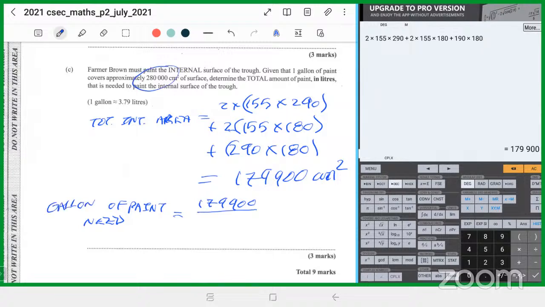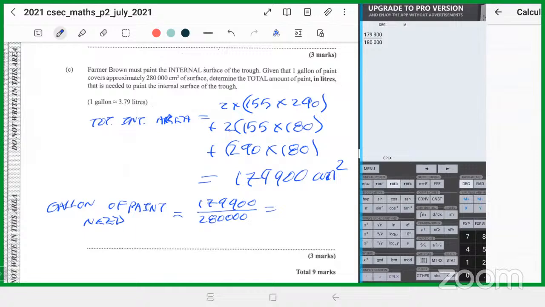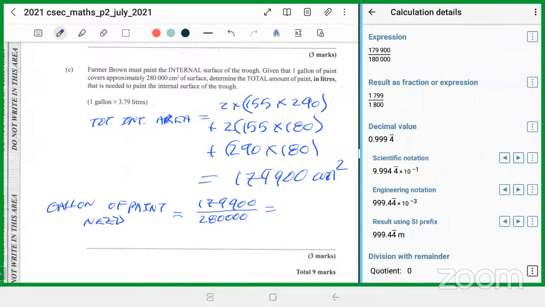Because this amount is for 1 gallon. So if you want to know how many gallons this is going to take, you divide it by the amount for 1 gallon, which is 280,000. That gives you the amount of gallon that is needed. So let's work it out. It is 179,900 divided by 280,000. So getting 0.99, let's put it as a fraction, yeah? 0.99 something.